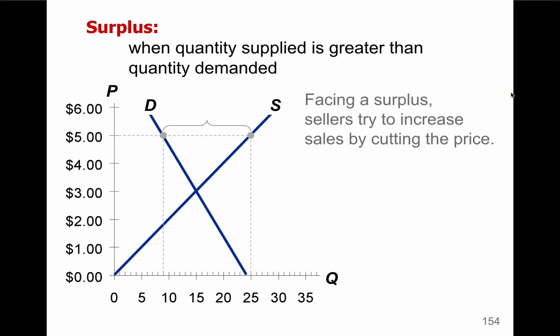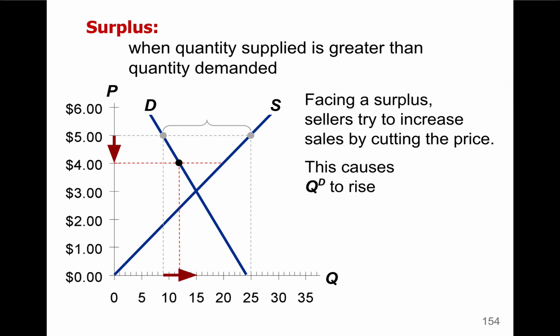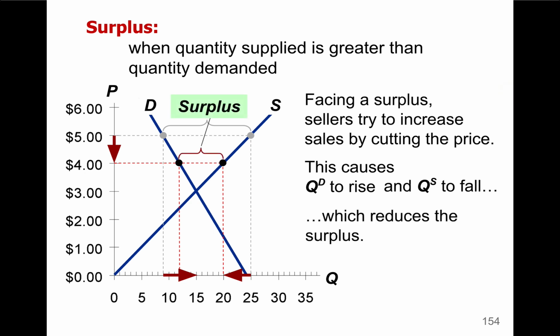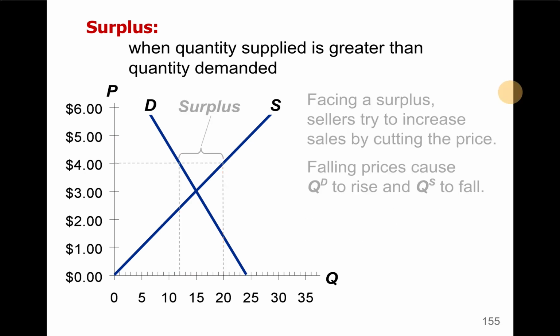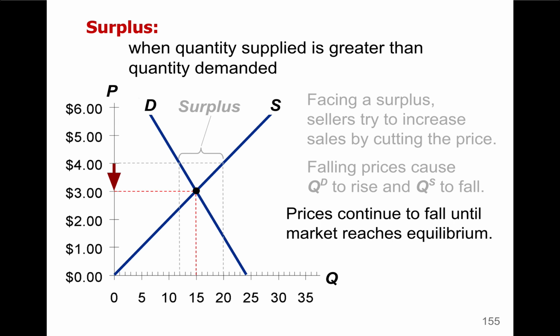So as you drop the price, sellers are trying to get as many sales as they can at the highest price possible. So as they lower the price to $4, some new customers are now interested in buying the product. So that's going to increase your quantity demanded. And sellers, of course, are going to readjust the amount that they're producing. And this continues to reduce the surplus until the seller brings the price down to the equilibrium.